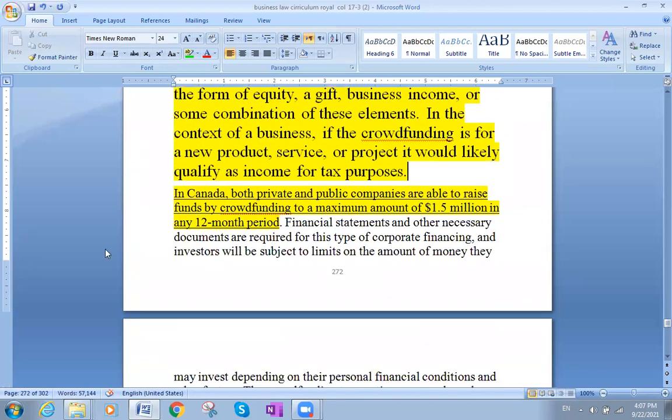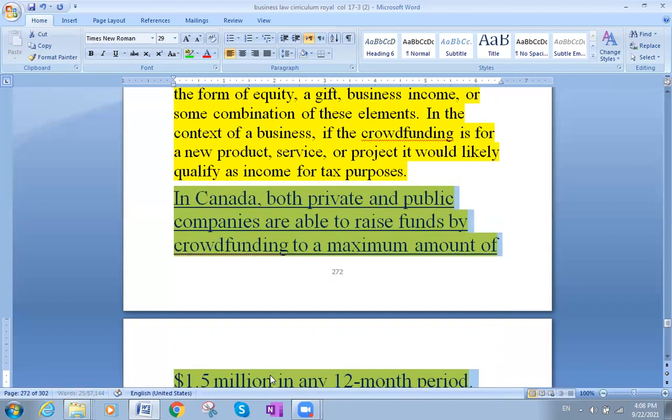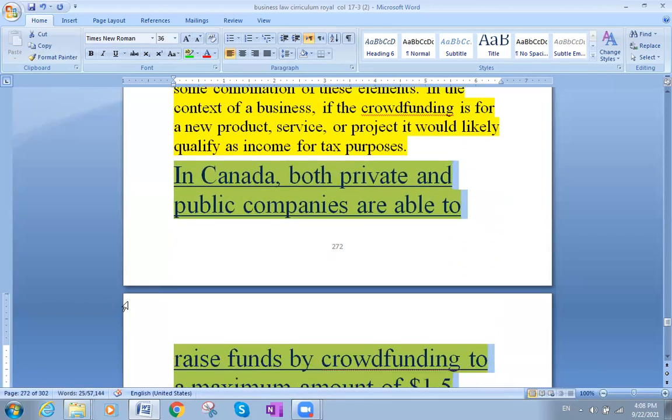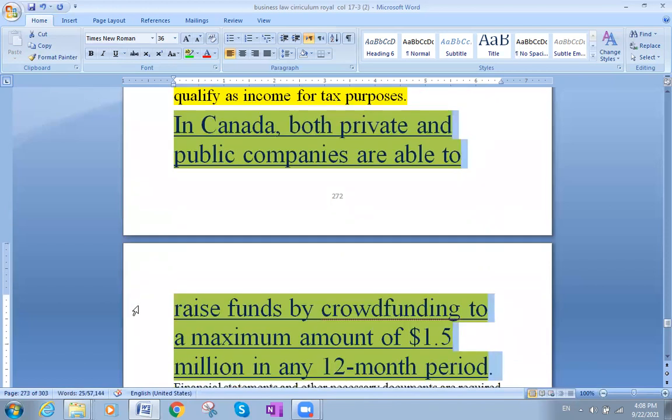In Canada, both private and public companies are able to raise funds by crowdfunding to a maximum amount of $1.5 million in any 12-month period. Again, this is the most important part in all this. What is the application of crowdfunding in Canada?